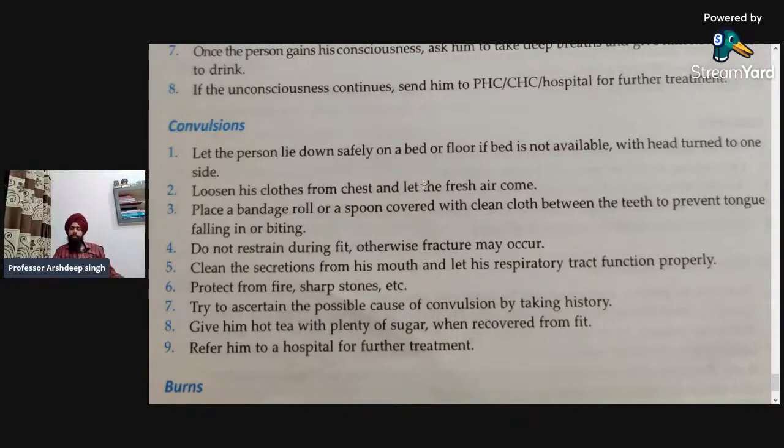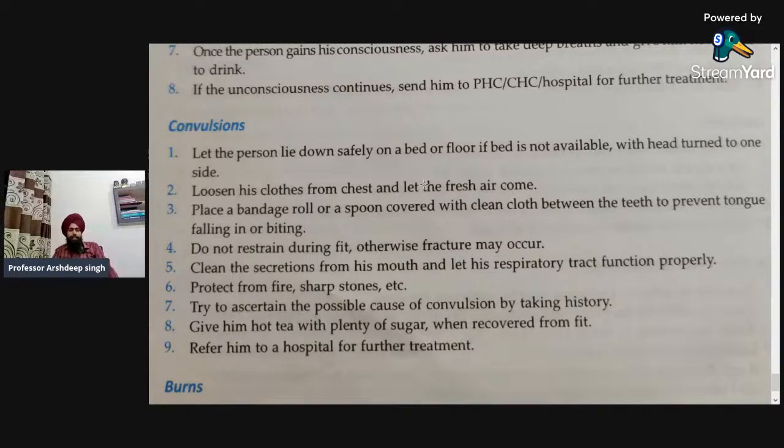Next, protect from fire and sharp stones, and try to ascertain the possible cause of the convulsions by taking history. What is the reason the convulsions are affecting the person? Is the person epileptic, or a drug addict? In many conditions, these can be associated with withdrawal symptoms.